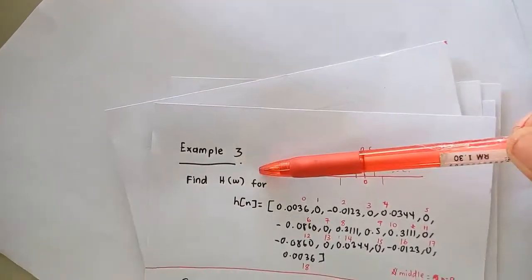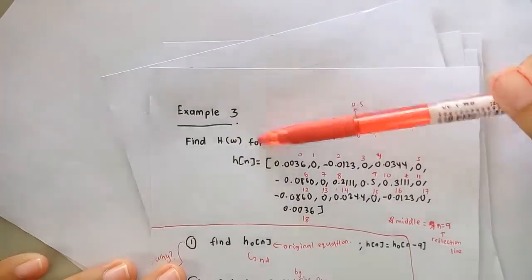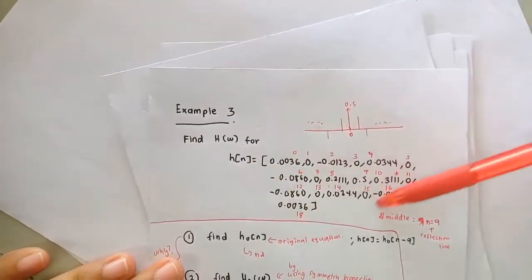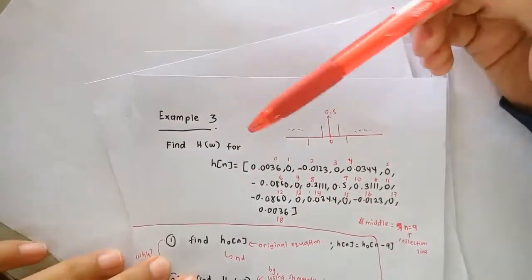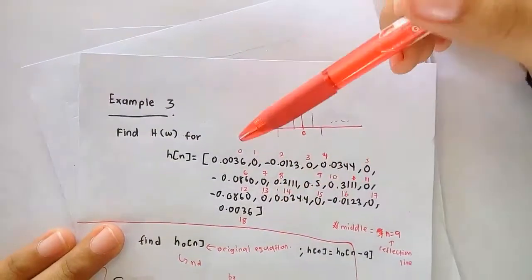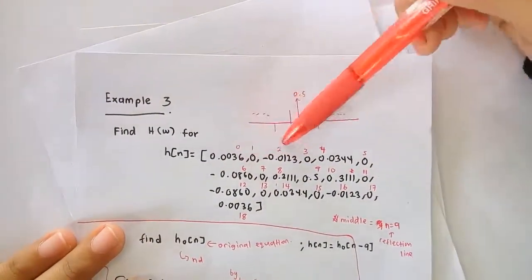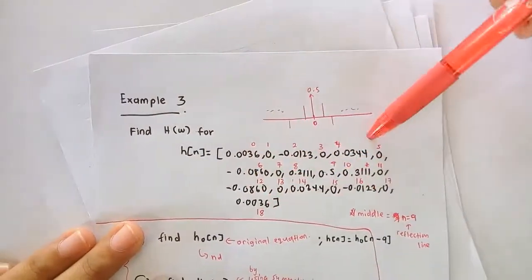For example 3, it is the same as example 2, except we have to find H omega for the impulse response given in this question. Here there are 18 samples, and this is a delayed symmetry signal.